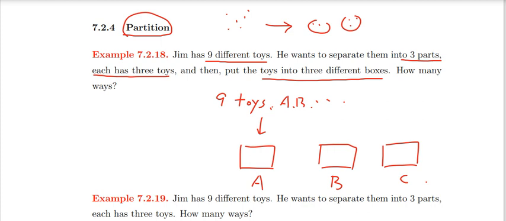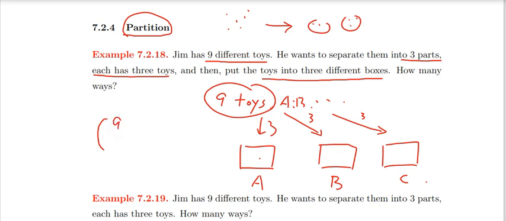Okay. So here we just from 9, we just pick 3, put 3 here, put 3 here, put 3 here. So put 3 toys. We just pick 3 toys and put them into box A. So how many ways? We have from 9, we just pick 3, right?